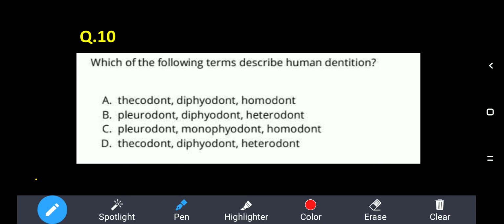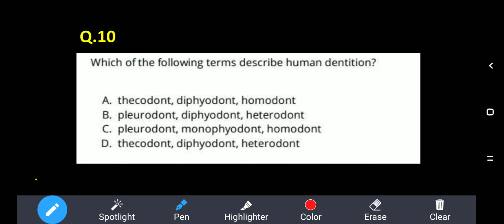Let us look at the options: thecodont, diphyodont, homodont, pleurodont, monophyodont, heterodont.